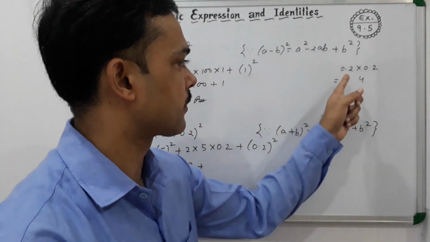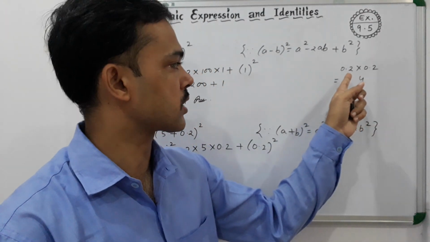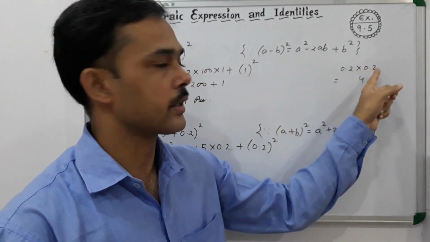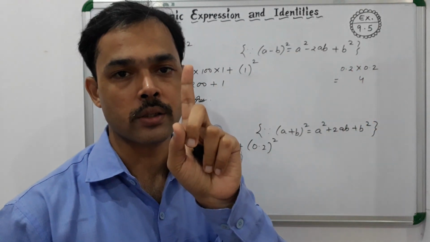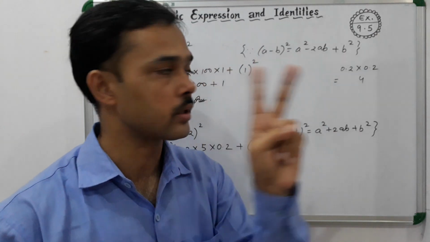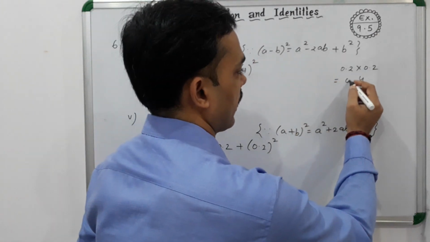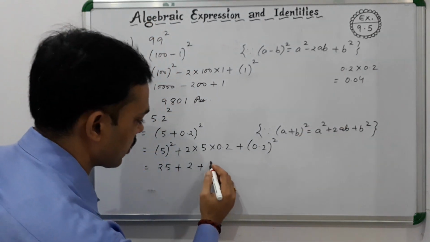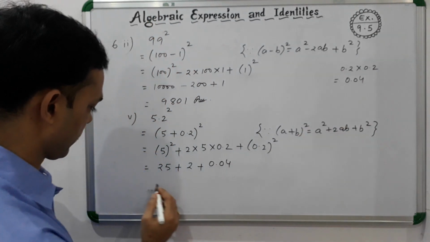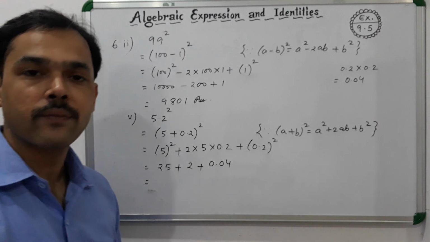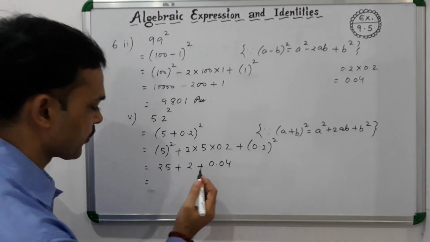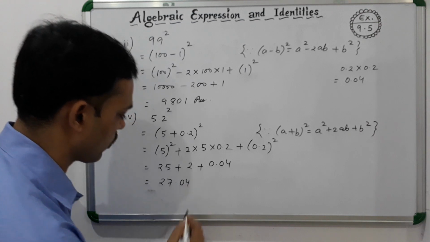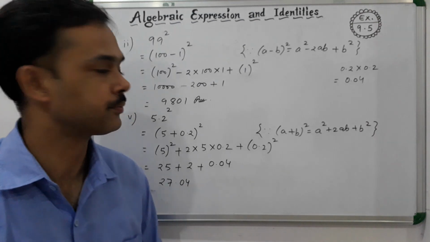Then in the decimal part you have 1 digit in this and 1 digit in the other, so the total is 2 digits. That is why you will get 0.04. 25 plus 2 will be 27, and then you will get 27.04 as your answer.